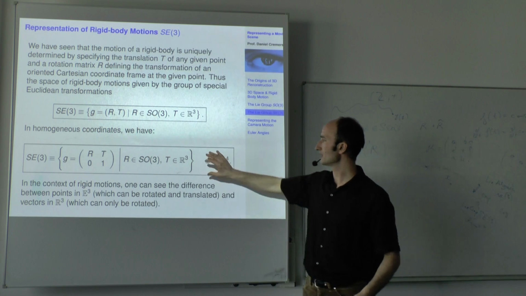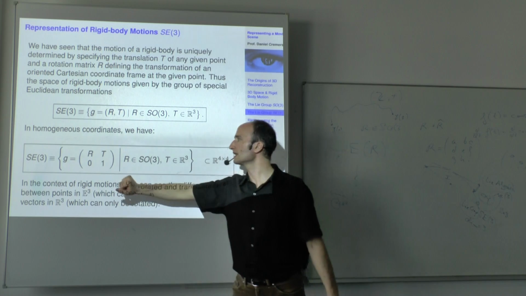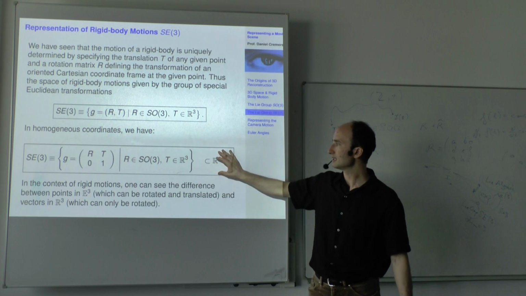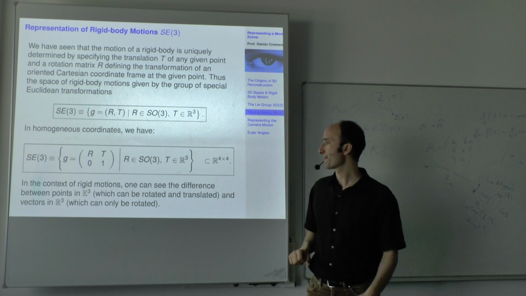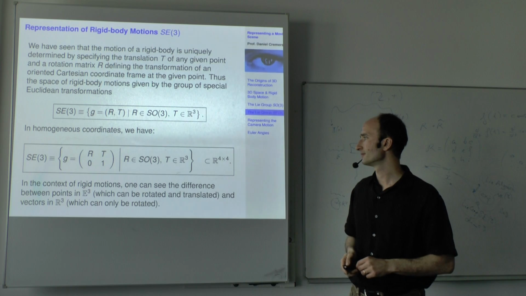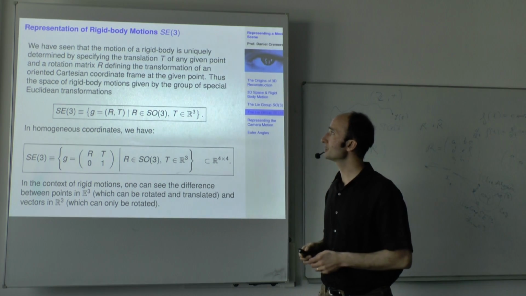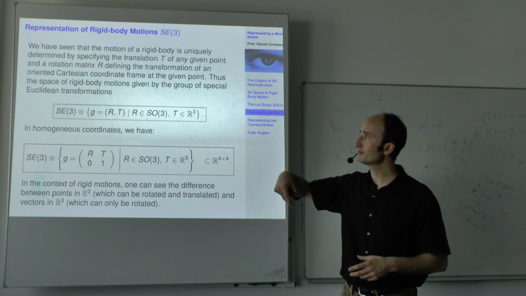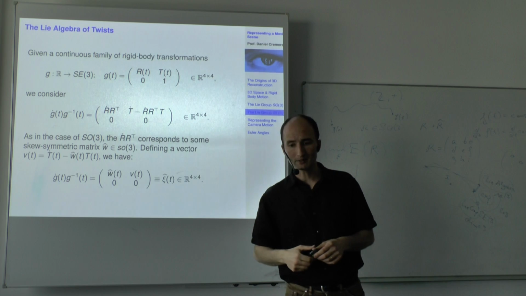That is, as we talked about earlier, the embedding of the special Euclidean group SE3 into the 4×4 invertible matrices. They model translation and rotation of the coordinate frame and of the space, and that way we can model the camera motion.